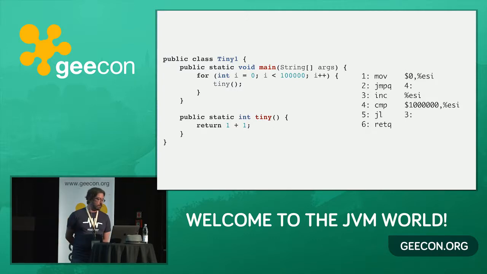At the test at instruction 4, we compare that variable with, I've got differing numbers here, it's 100,000 in the code and 1,000,000 in the assembly, but it's supposed to be the same number in both. We compare it with our terminal condition. If we're not there yet, we jump back up to 3, increment that variable, and that's our loop, essentially.